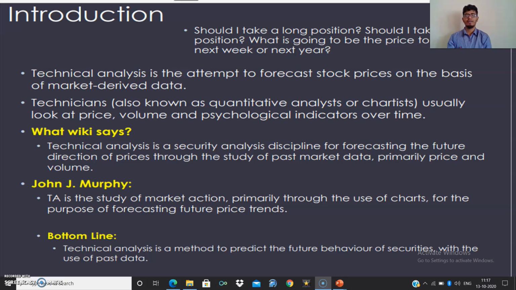John J. Murphy, one of the financial specialists, says technical analysis is the study of market action, primarily through the use of charts, for the purpose of forecasting future price trends. To determine future price trends, we analyze the market by using charts and trends. Technical analysis is the method to predict the future behavior of securities with the use of past data. You can write this particular sentence at the end of the introduction.